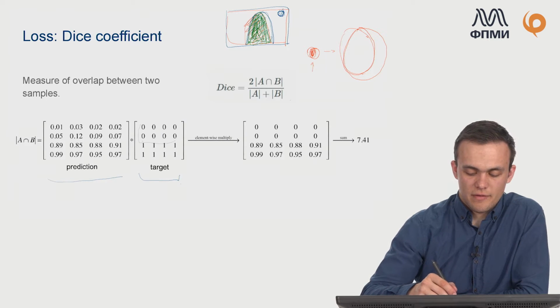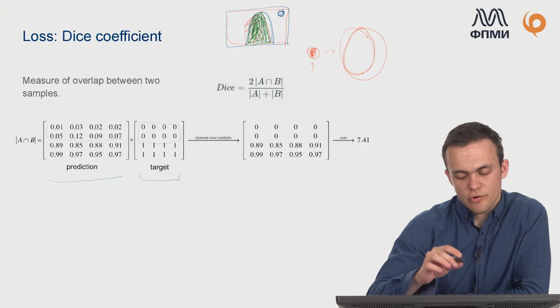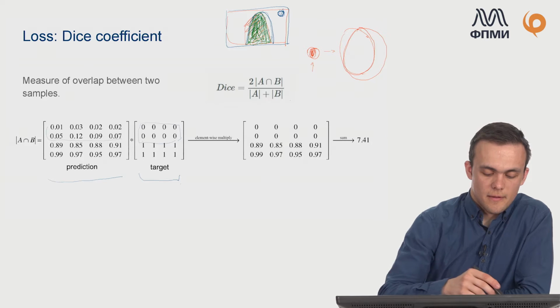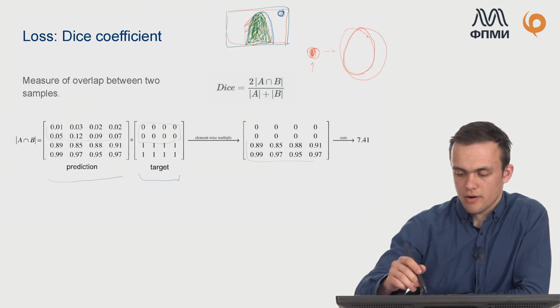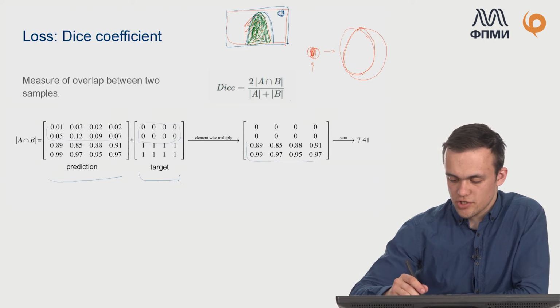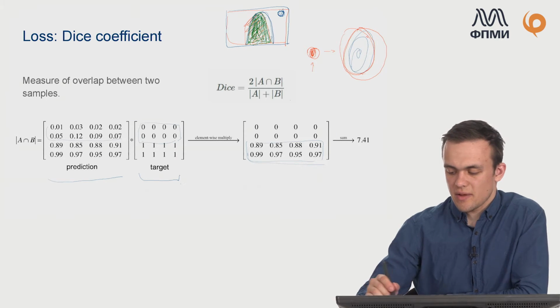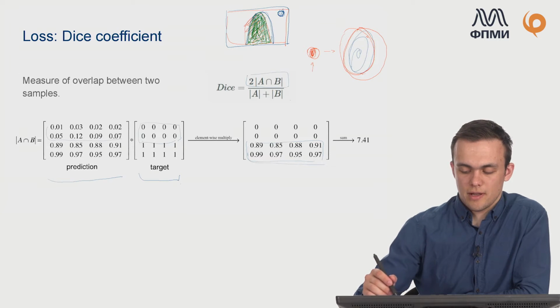Because here we have zeros, and here we have almost zero values, and then when we mask, these values correspond to the overlapped region, and we just sum this up to obtain this value.